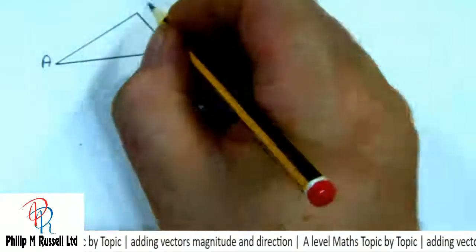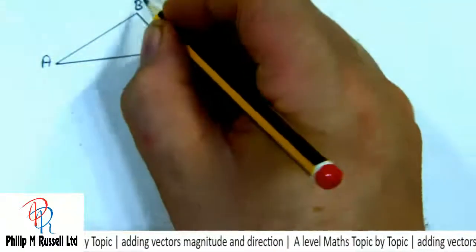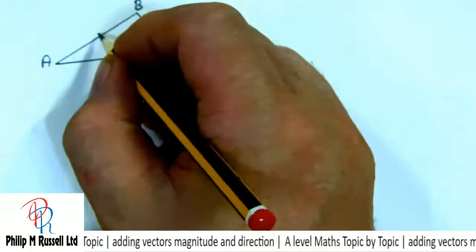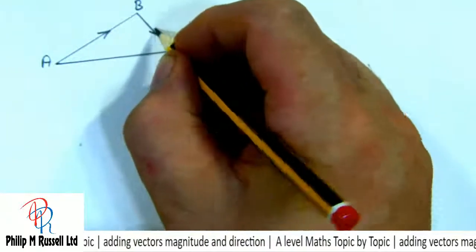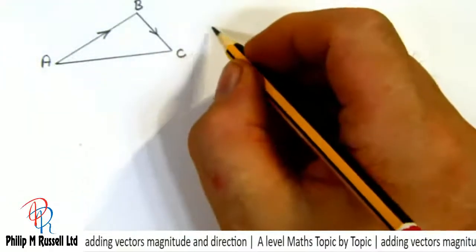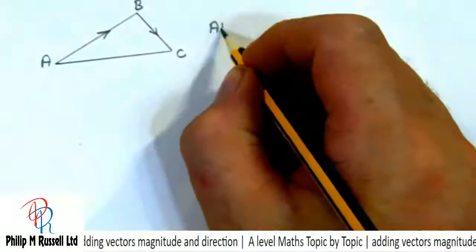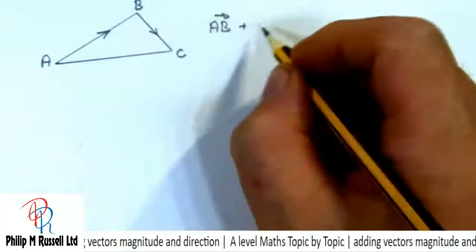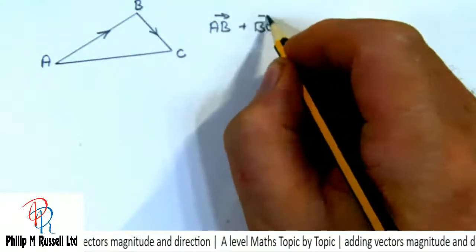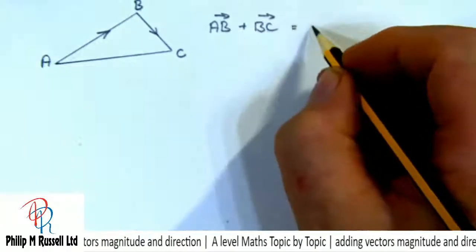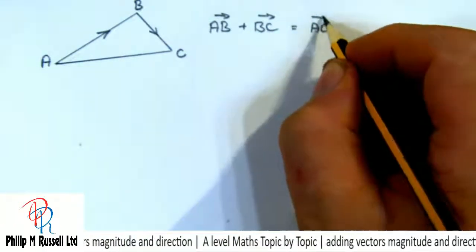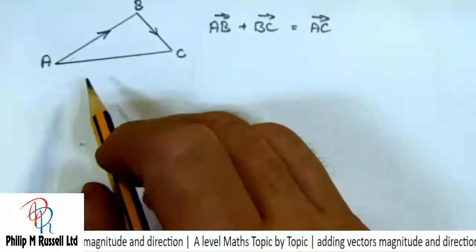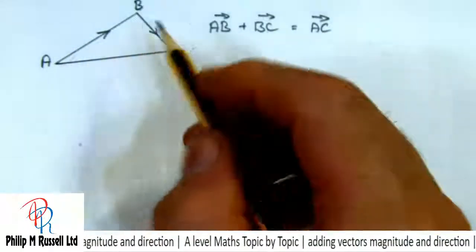This is A and B, this is B and C. So I've got two vectors, and here we know that vector AB plus vector BC equals the vector A to C. It's almost like thinking you're going to Granny's.